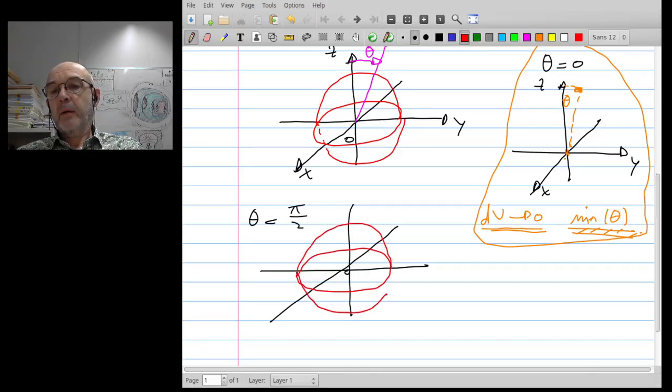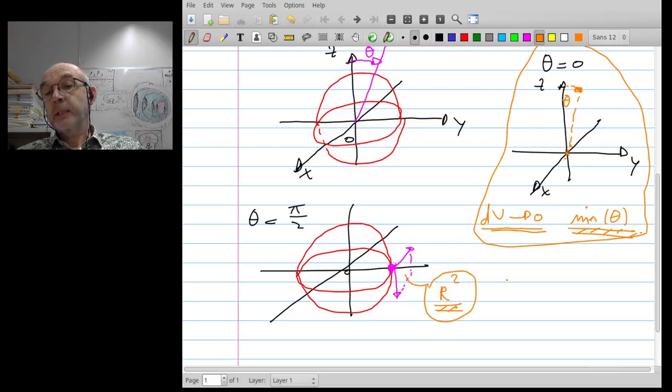And you are at this point here, and what do you have then? Then you have some r parallel to the x-axis, and you have some r parallel to the z-axis, and then here you have some area which is equal to r squared.